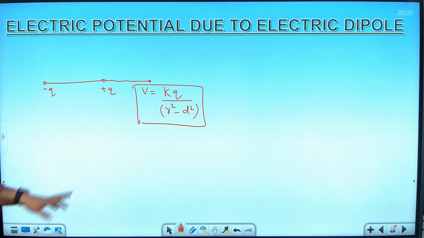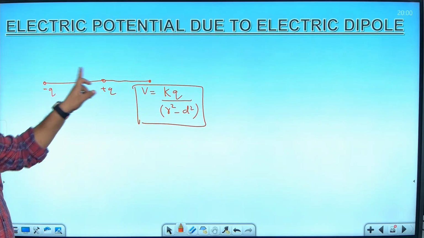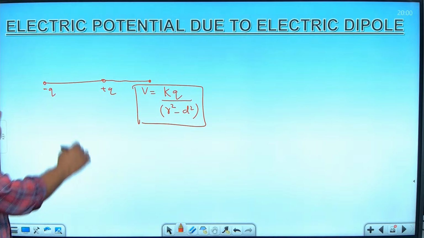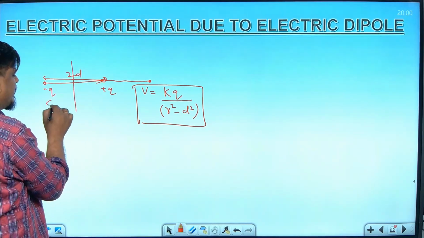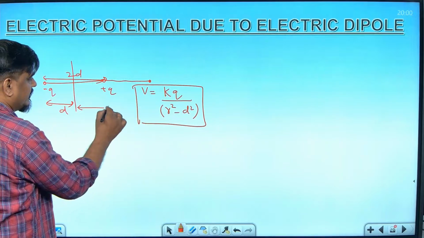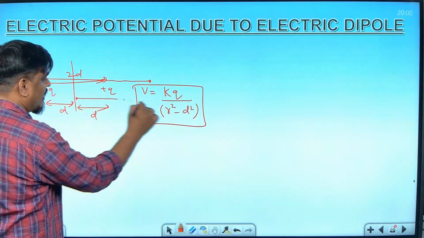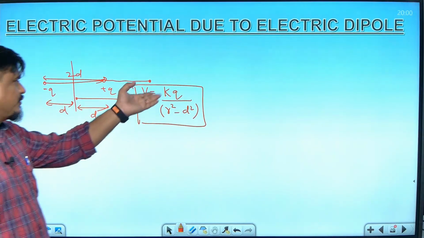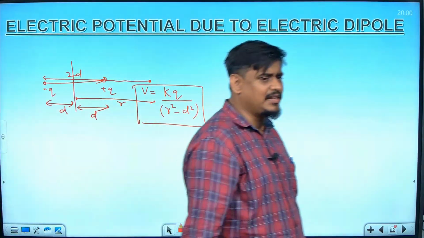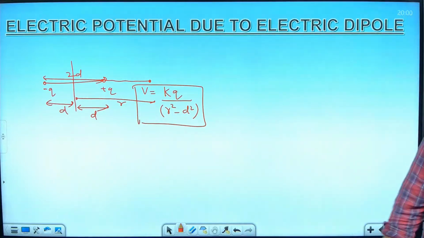Very simple it is. At this point you will find potential at minus Q, it will become minus KQ by, if this is totally 2D, then it will become half, means it will become D, and this will become D. And from center you will go R distance away. This will become R minus D, it will become R plus D. And when you derive this, you will get the value of potential as KQ by R square minus D square.